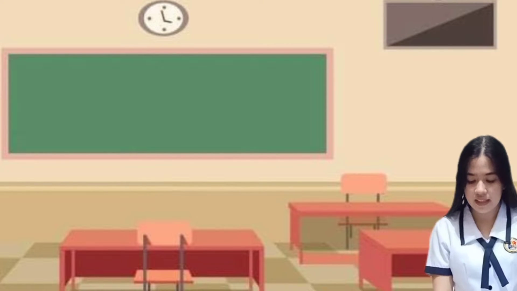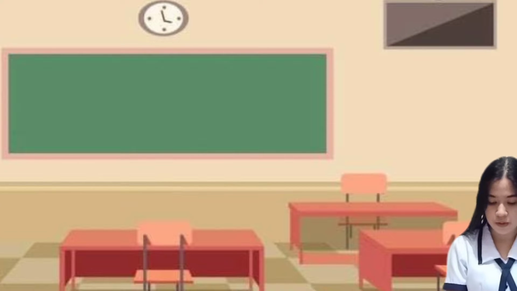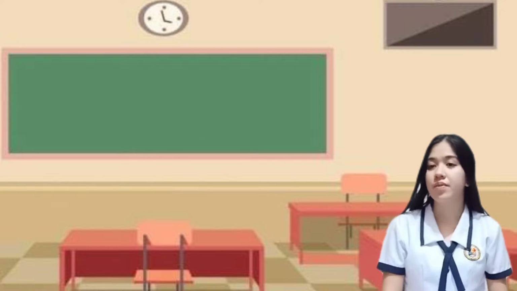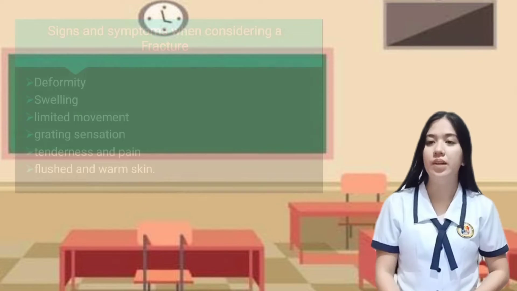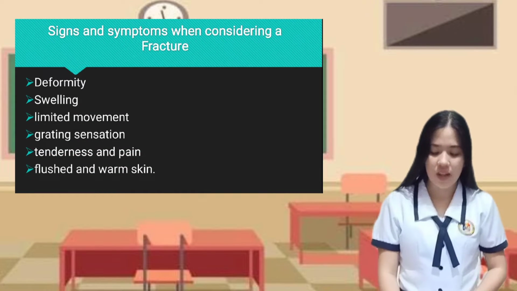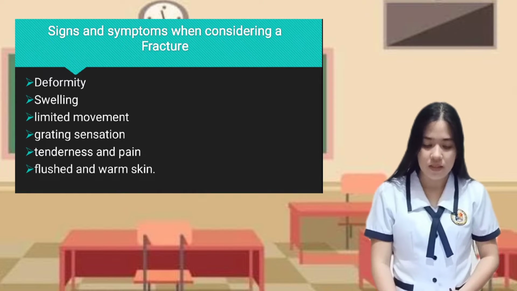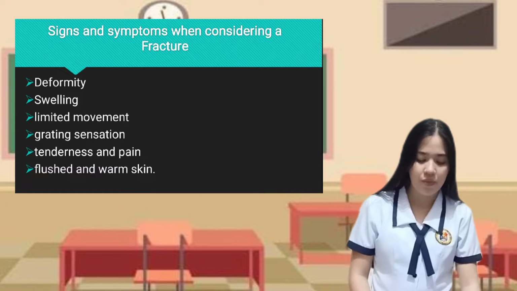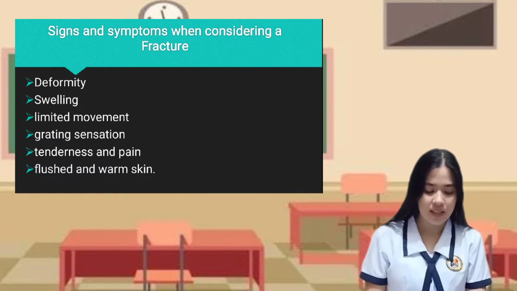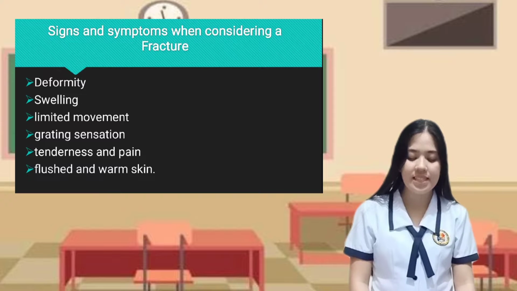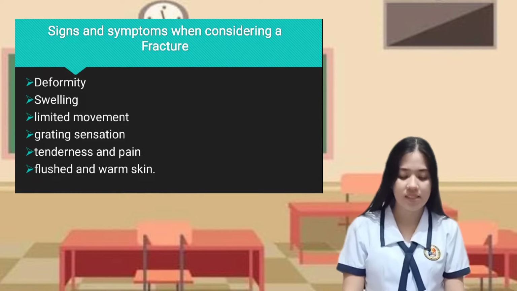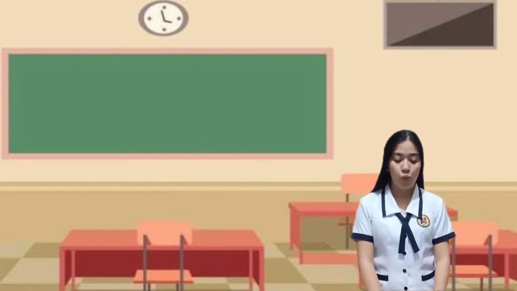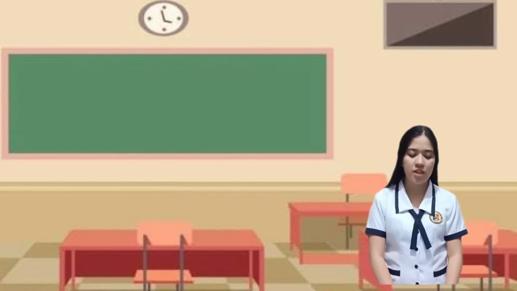So, what are the signs and symptoms when considering a fracture? Yes? Very good. These are the signs and symptoms when considering a fracture: deformity, swelling, limited movement, grating sensation, tenderness and pain, flushed and warm skin. So, what is the first aid for fracture?